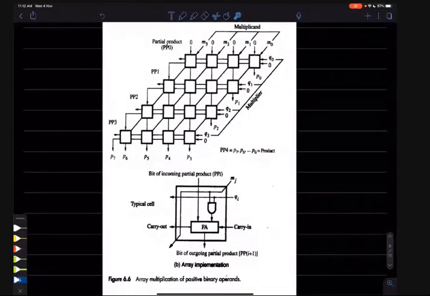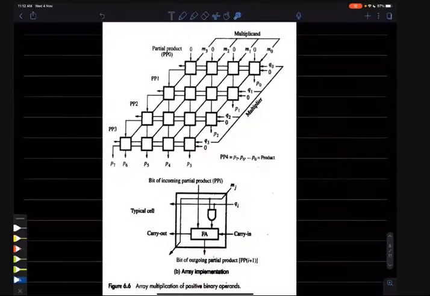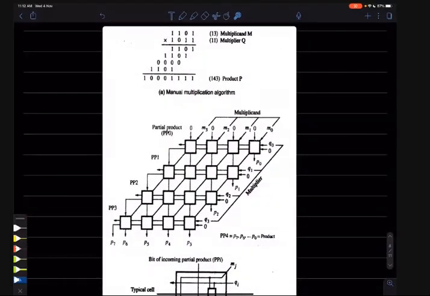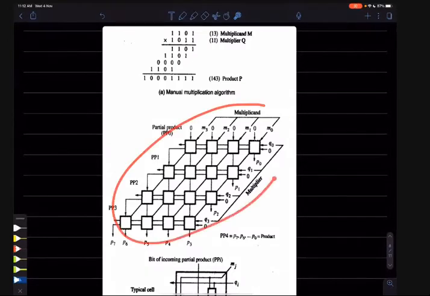But there are some disadvantages of this implementation of multiplication. Who can tell what may be the disadvantage in this case? Anyone can guess what the disadvantage is in this type of circuit?